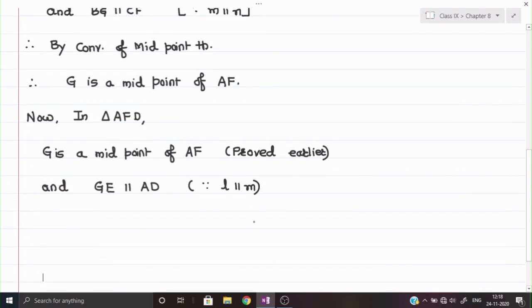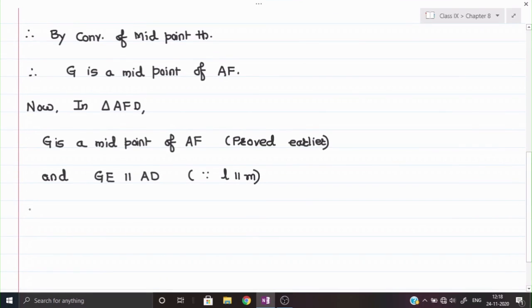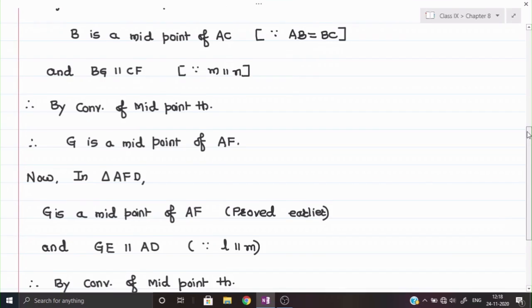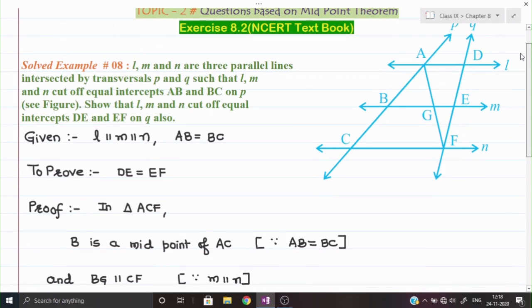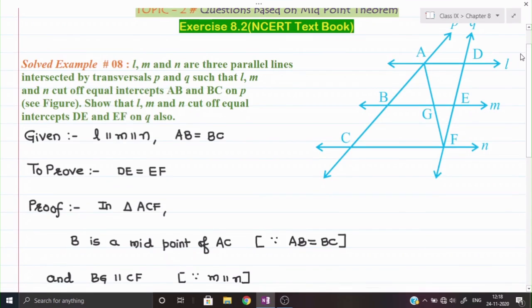Okay. Therefore, again by converse of midpoint theorem, we can say that, we can check once, so here observe E will be midpoint of DF, because another point is coming onto the another side, that is E. So E will be midpoint of DF.